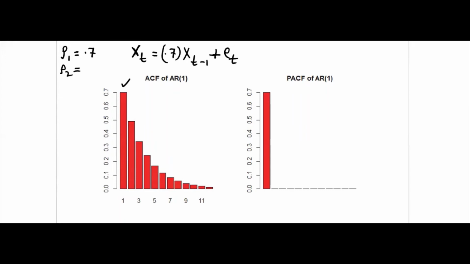You go and verify. 0.7 square, 0.49. You see here 0.5. This is 0.49, and this is 0.7, and this was alpha power 3, 0.7 power 3. You find here, you will get this height. So the correlations decrease geometrically here.